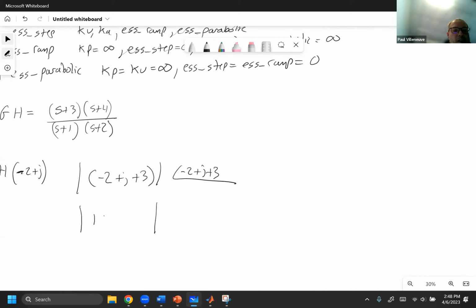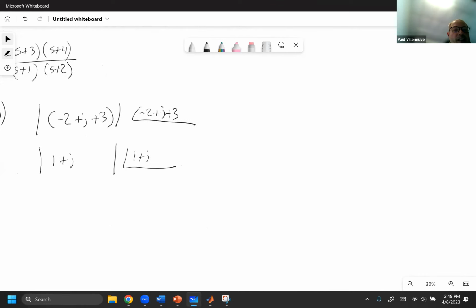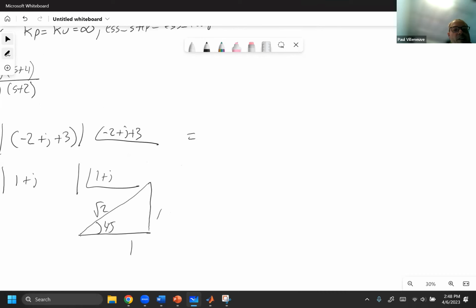This is going to be equal to 1 plus J, and this is the angle of 1 plus J. Hopefully I can see pretty quickly that this is a right triangle whose sides are 1 and 1. We know that this is 45 degrees, and the magnitude is the square root of 2. So this here is equal to square root of 2 at an angle of 45 degrees.